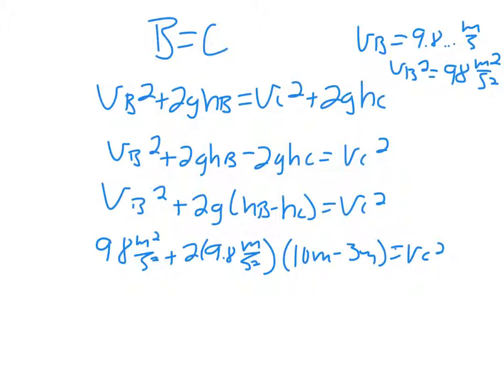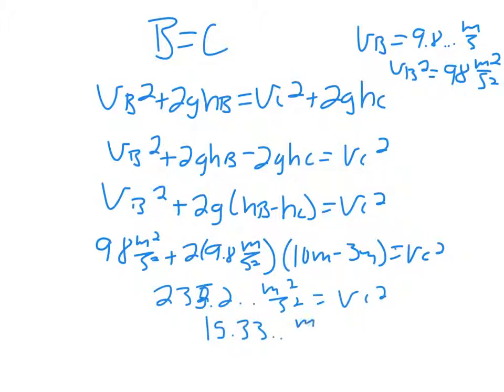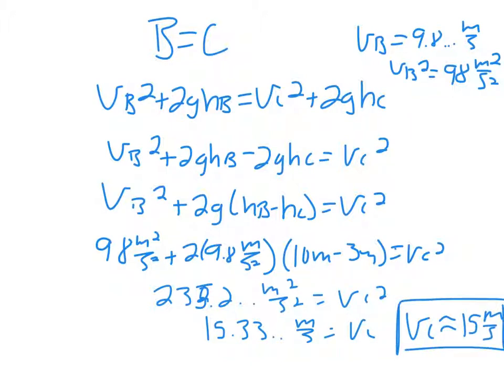This is going to give us the same exact thing that we got before. 235.2 keeps on going, meters squared per second squared for VC squared. Square root of that, 15.33 keeps on going, meters per second for VC. So two ways still ended up with the same exact answer, that VC was approximately 15 meters per second.